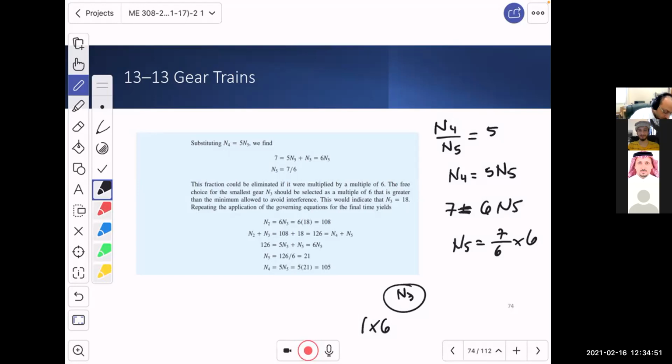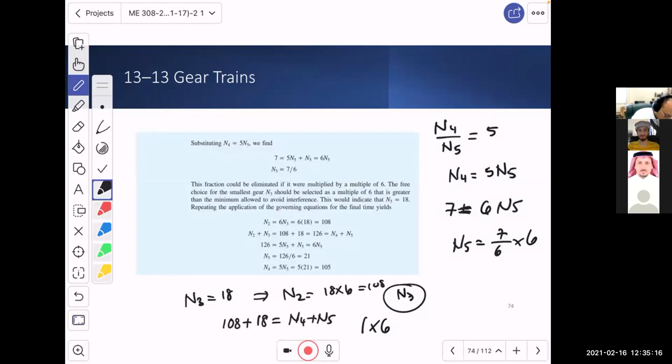So I would say that N3 is equal to 18, which means that N2 is equal to 18 multiplied by 6, which is going to give me 108. And I will have 108 plus 18, which is equal to N4 plus N5.